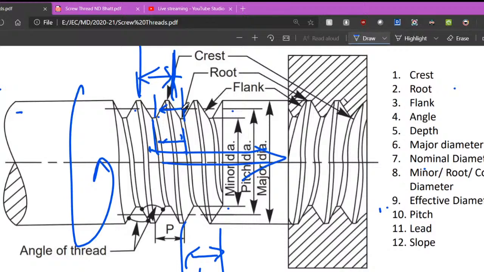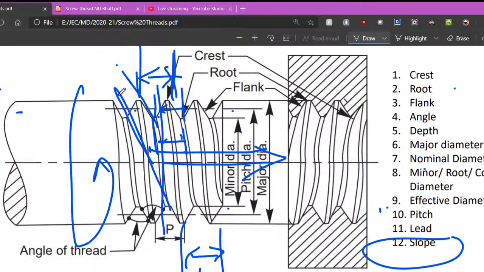And slope. See, the thread is forming that angle, the flank; we measure the flank from a normal plane. If the thread form is going this way, take a normal plane and measure this angle, that is the slope of the thread.